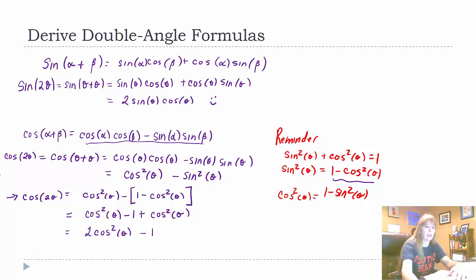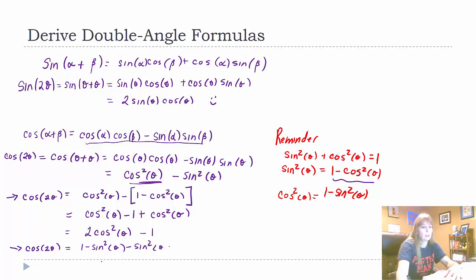And then going back over here, that also means cosine 2 theta, going through all the steps of plugging in 1 minus sine squared theta for cosine squared theta and then minus sine squared theta, we can see that we get 1 minus 2 sine squared theta.